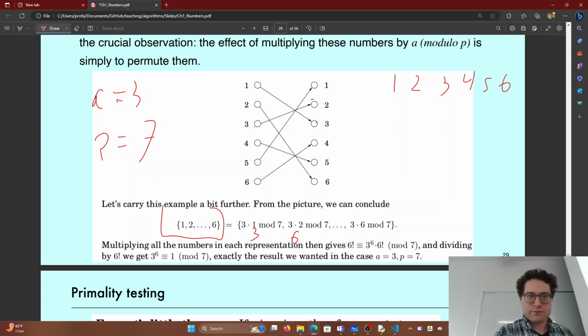Make sense? So let's go ahead and multiply everything, every element in this set, together. Just humor me. 1 times 2 times 3 times 4 times 5 times 6. We know that's 6 factorial. We're not going to calculate it because that's annoying and not useful.